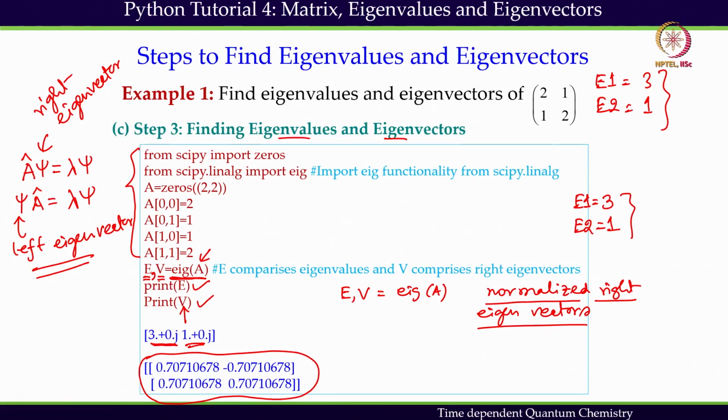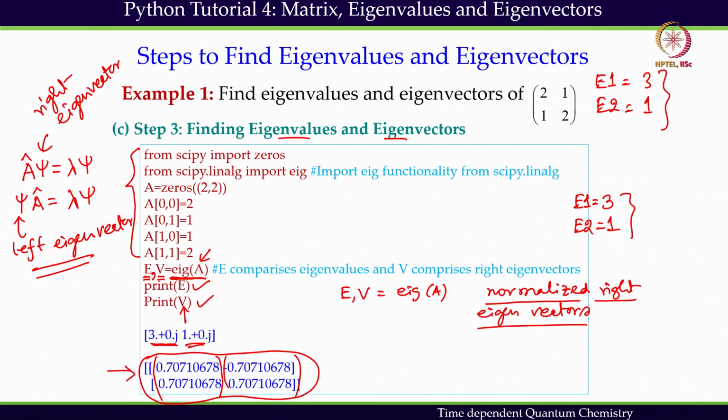What we have got here is the normalized vector, this is one vector, another vector is this one. So there are two eigenvectors which are clubbed together in this array.